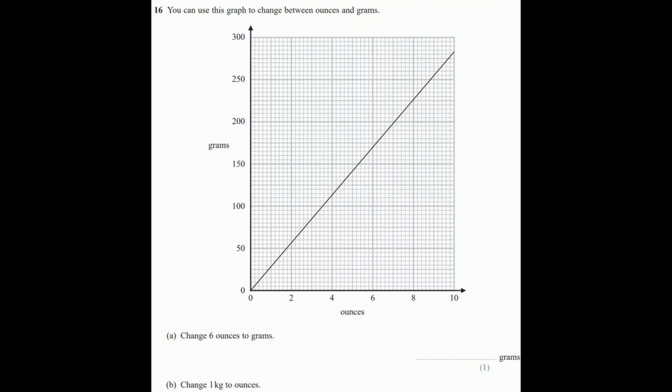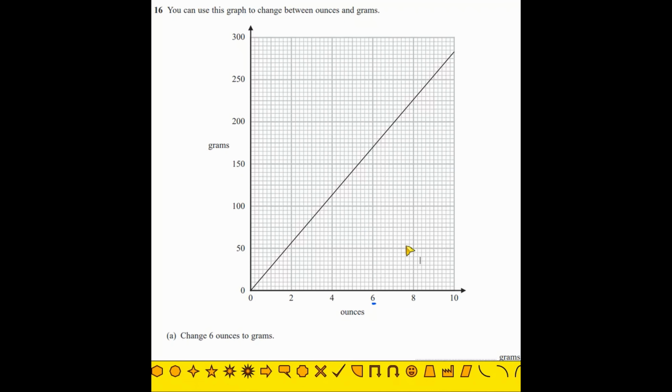Question 16 says you can use this graph to change between ounces and grams. So it's a conversion graph. Let's see what we're being asked to do. Change 6 ounces to grams. Well, 6 ounces is at the bottom here. So what we're going to have to do is draw a line up from the 6 ounces line.